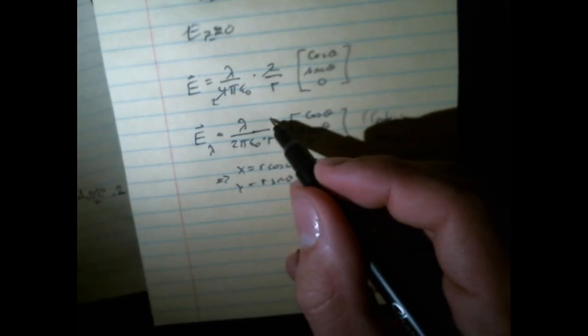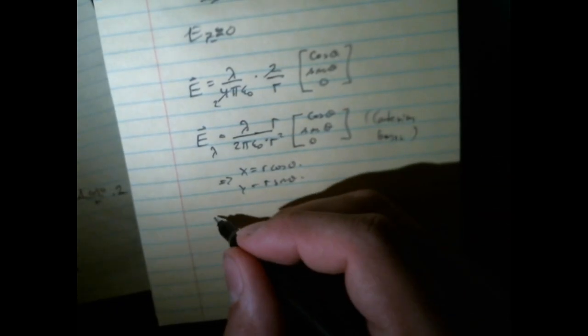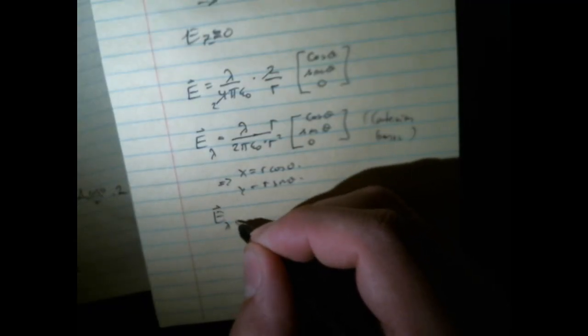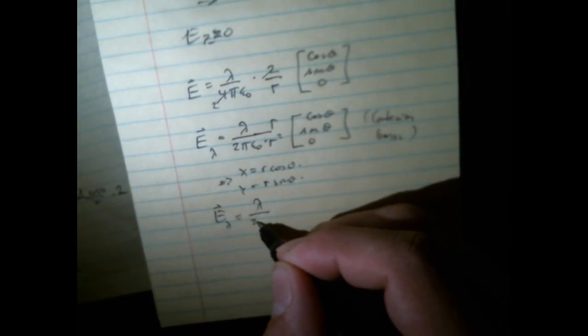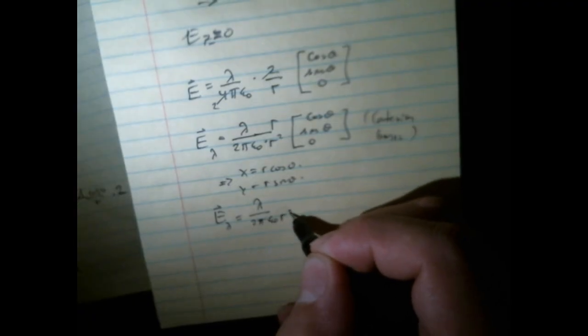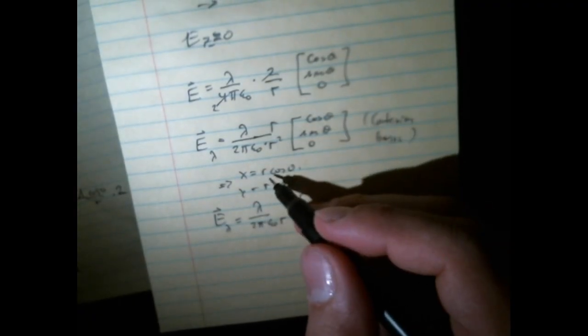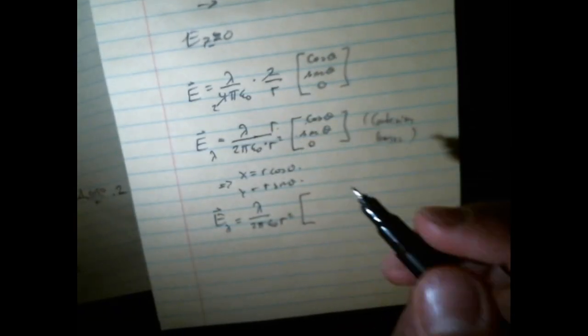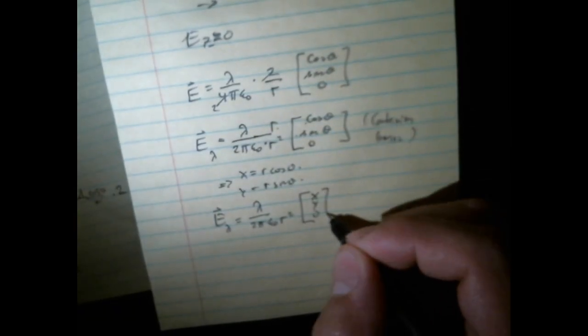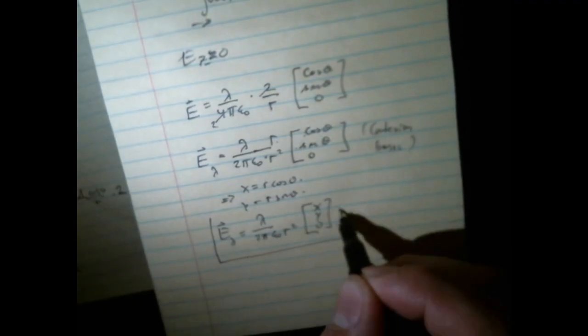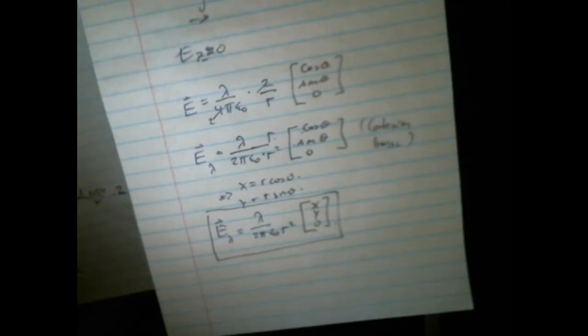So we can essentially multiply this by r, and we'll get that E is equal to lambda over 2 pi epsilon 0 r squared times x, y, 0. Yeah, that seems more or less correct.